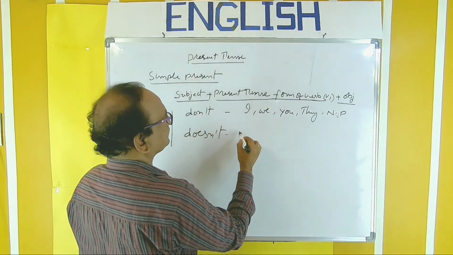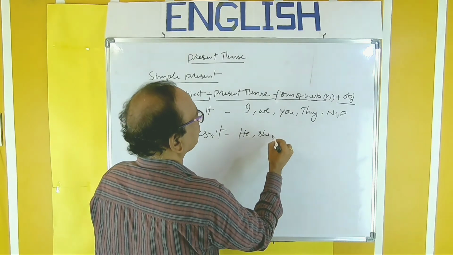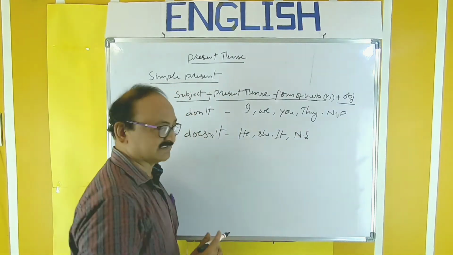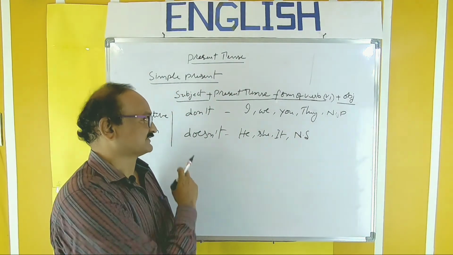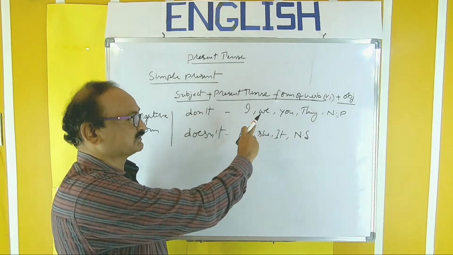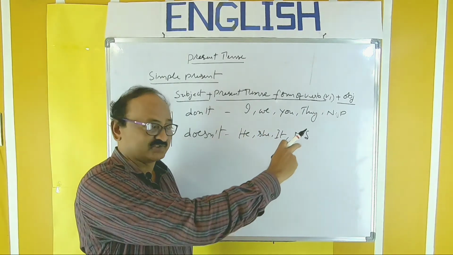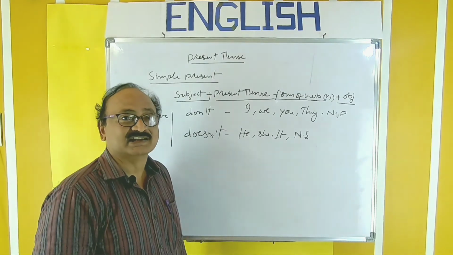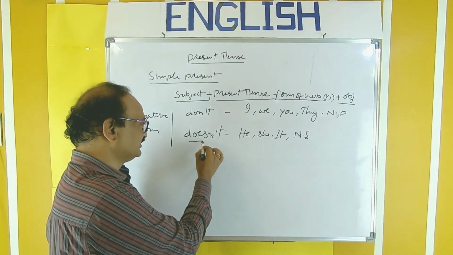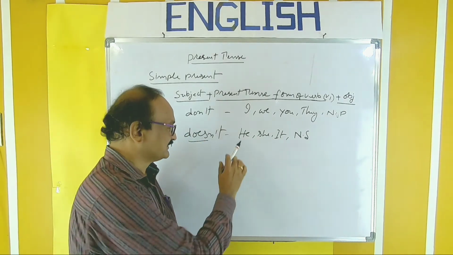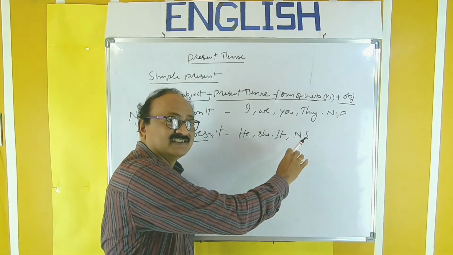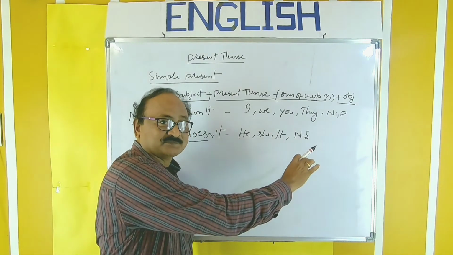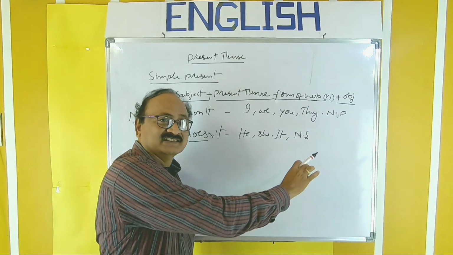And with he, she, it, and nouns in singular, with all singulars, we have to use doesn't. So you have to say, I don't, we don't, you don't, they don't, and so on. He doesn't, she doesn't, it doesn't, and so on. People often confuse where we should use doesn't. With he, she, it, or any singular noun, just like Rajesh doesn't, it doesn't, and so on.